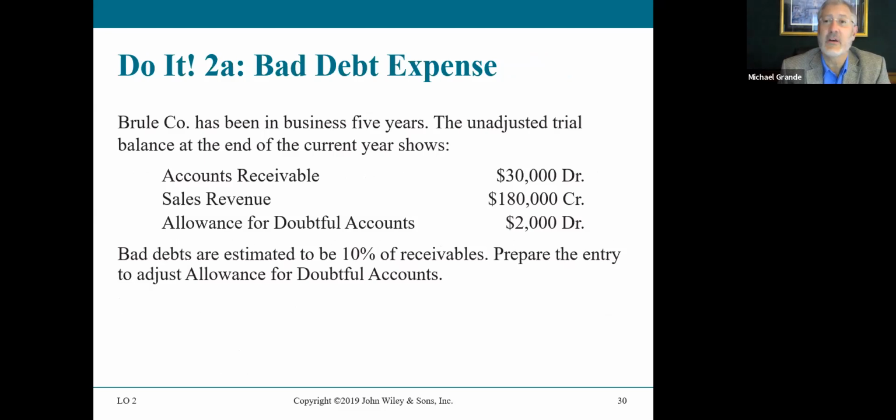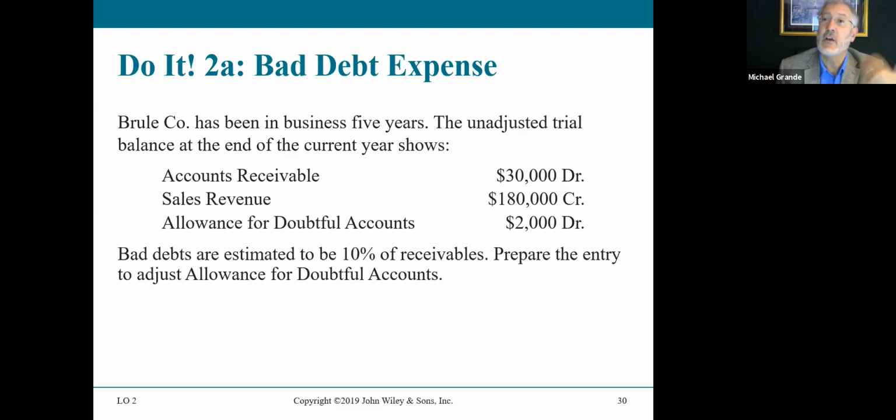Sales revenue, $180,000 credit. Allowance for doubtful accounts, $2,000 debit. Be very, very careful. Whether it's a debit or a credit has a significant impact on your journal entry. Bad debts are estimated to be 10% of receivables, not 10% of sales revenue.